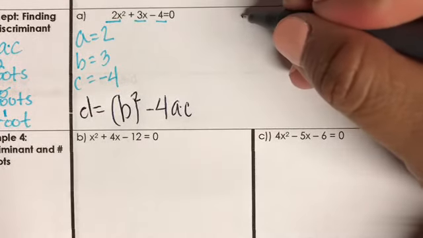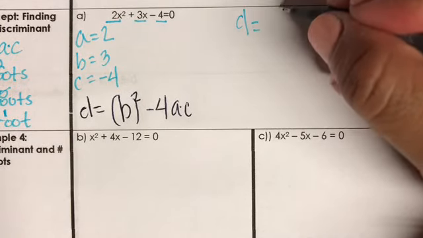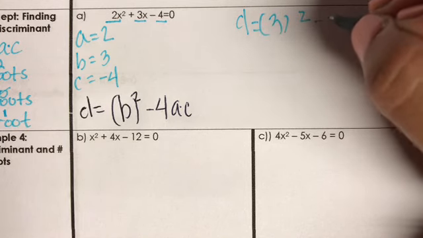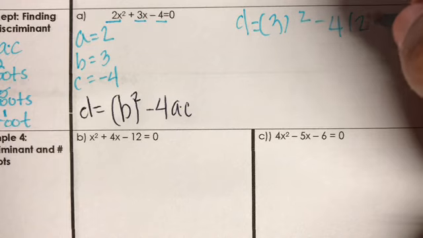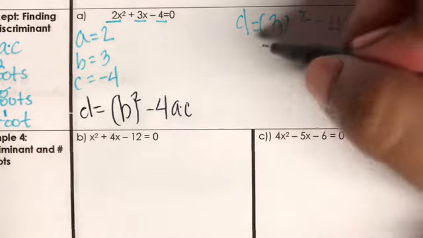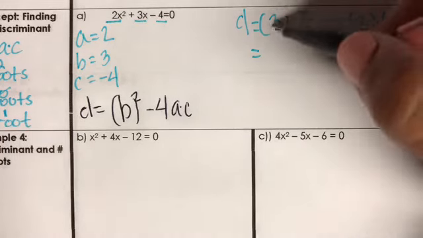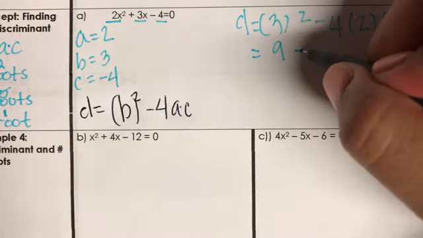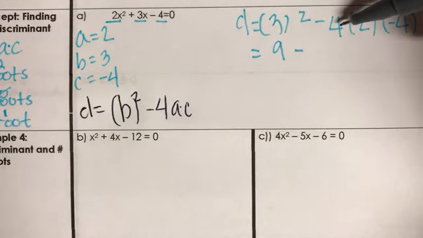So now we say that D equals 3 squared minus 4 times 2 times negative 4. We're going to do PEMDAS. So I'm going to say 9 minus negative 4 times 2 is negative 8.